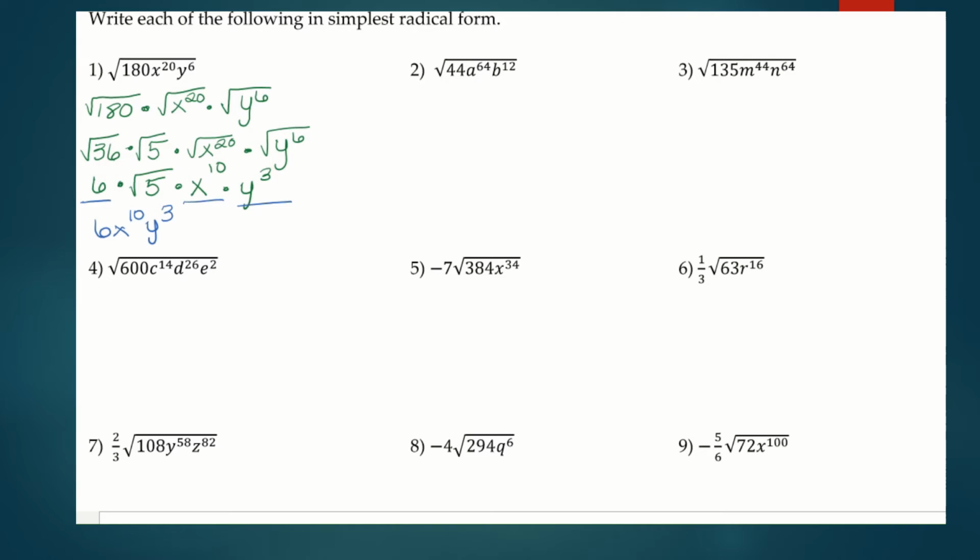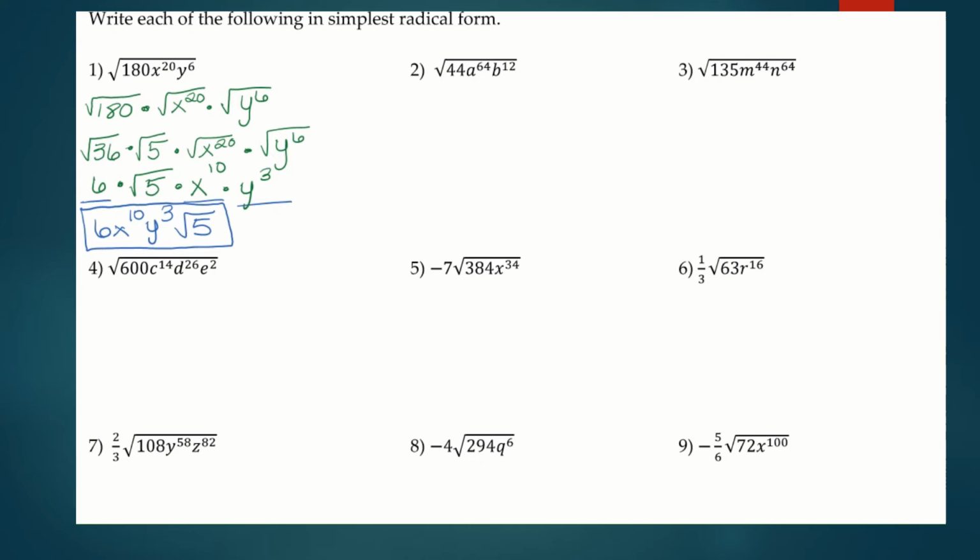That's us saying we're going to multiply all of these things together. Now the square root of 5 just stays square root of 5. I am not going to try and work that out. It's going to give me a very long decimal. All I am trying to do is simplify what I'm looking at, and I have done that right now. So this is what we would call simplest radical form for number 1.